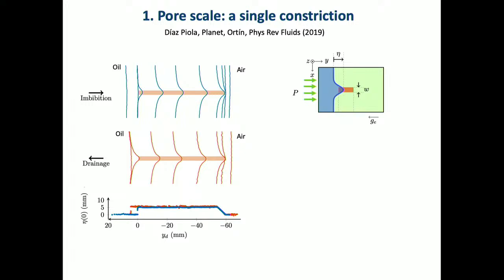At the left side of the constriction, the deformation was produced just when the front touched in imbibition, and flatness was only recovered when the last point of the front detached from the defect. So this hysteresis cycle was formed.